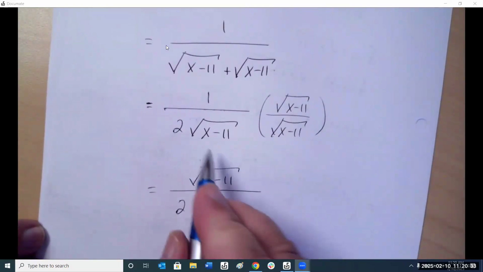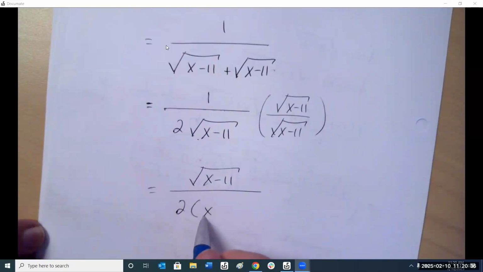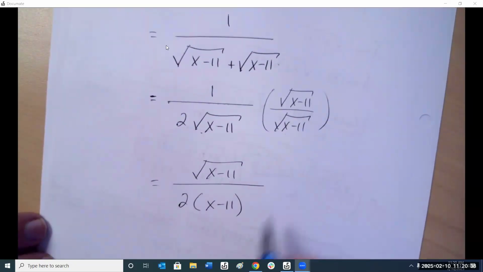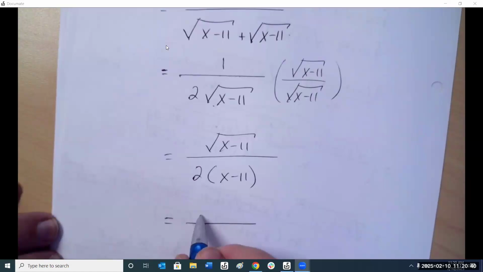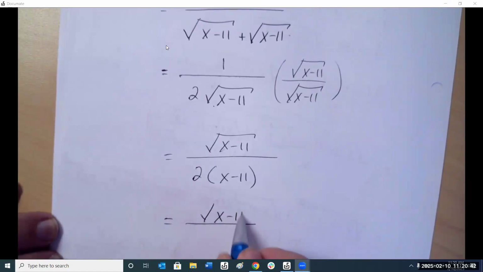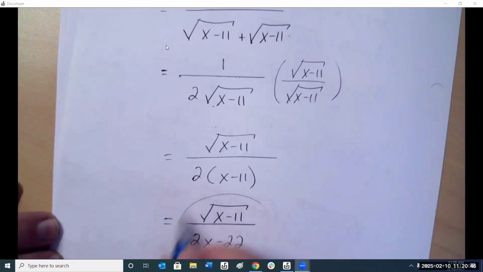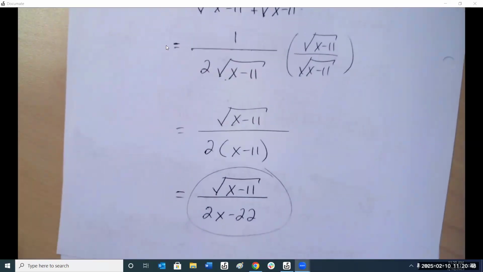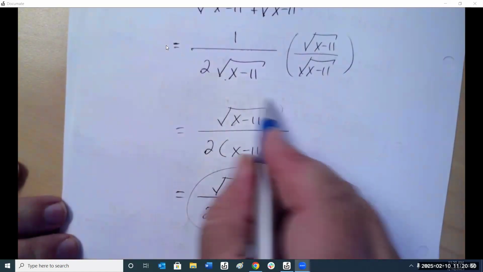On the bottom, this times this is simply x minus 11. But in the common convention of mathematics around the world, that is your answer. Or if you want to, you can leave it here.